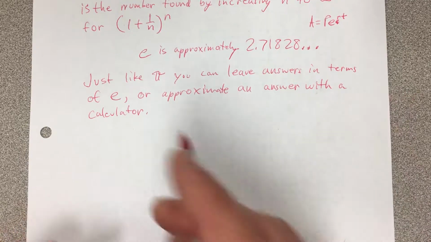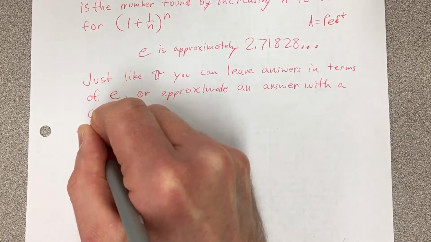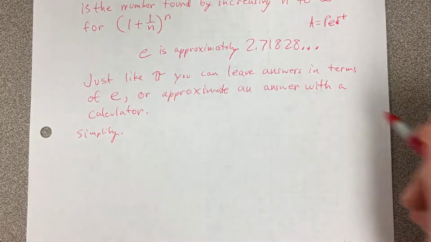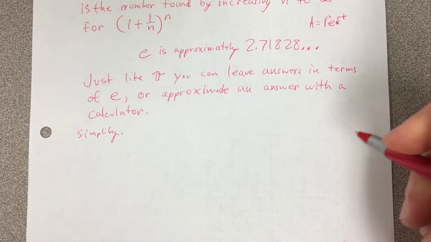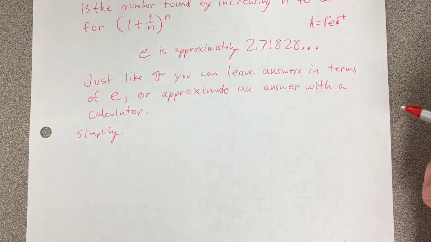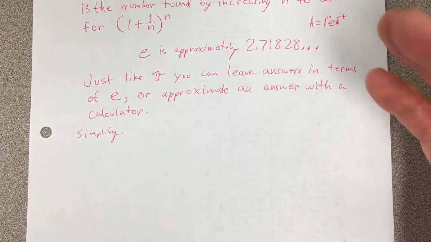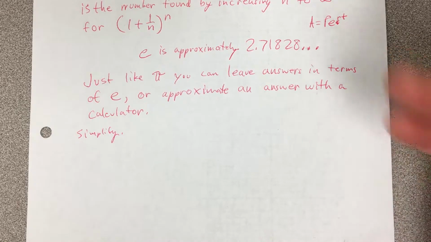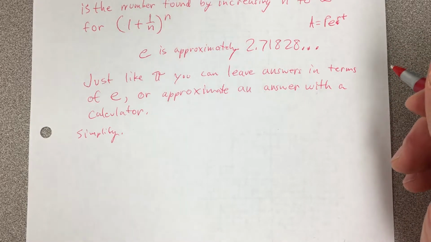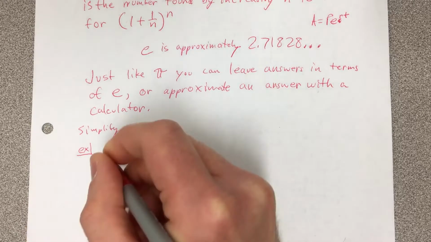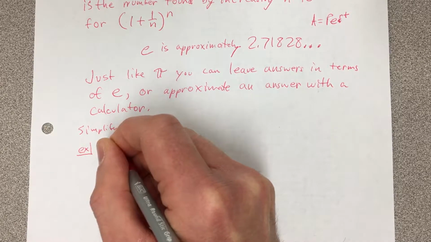You're going to be expected to do some problems that just say simplify. And on these problems, you're going to do basically properties of exponents, to be truthful with you. And then other problems, it's going to ask you to use a calculator and punch in the numbers and round your answers.